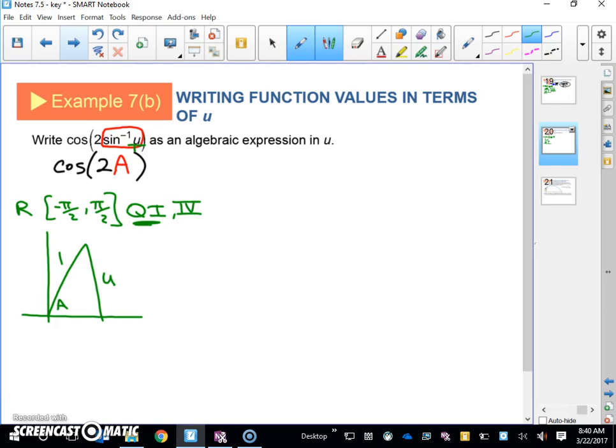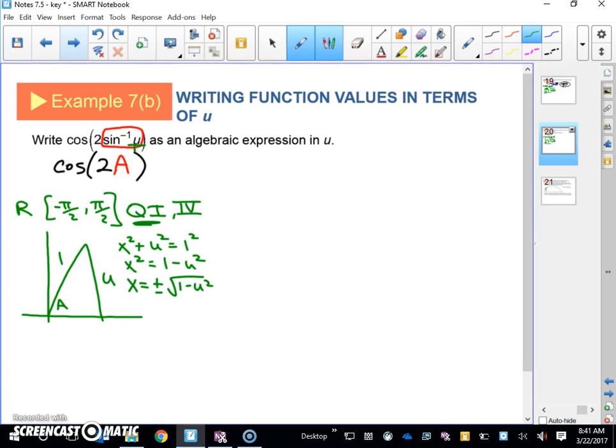And so again, I'm going to do Pythagorean. You go like x squared plus u squared equals 1 squared. Subtract u squared over, you'll have x squared equals 1 minus u squared. And then take the square root. X is going to equal plus or minus the square root of 1 minus u squared.